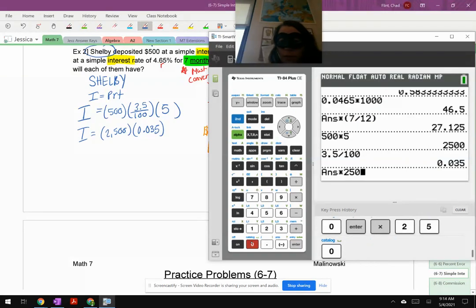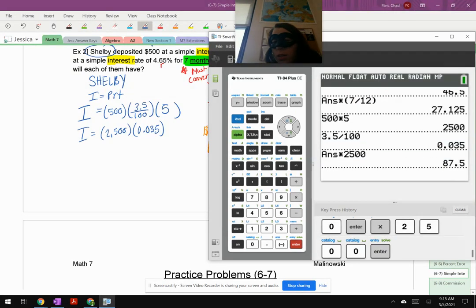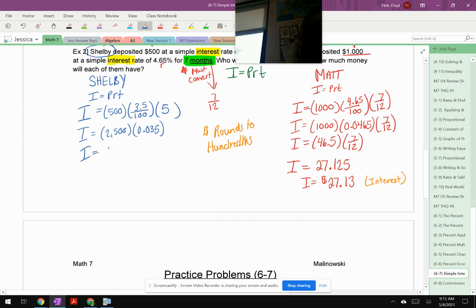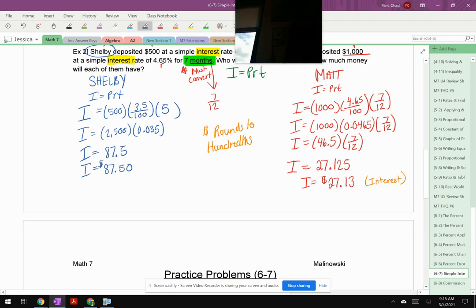That times my 2,500 gives me 87.5. And again, when we're talking money here, we want to round to the nearest hundredth. So you don't see people say $87.5. No, they say $87.50. Again, that is the amount that shall be made in interest.